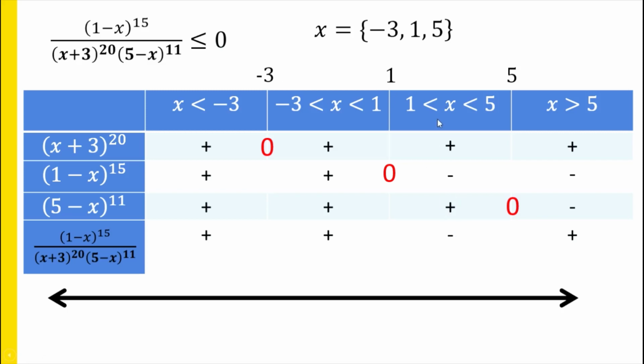So we only have one solution set here. We have the inequality between 1 and 5. So let's present here. And remember again, 1 is included. And our solution here is between 1 and 5, where 1 is included.